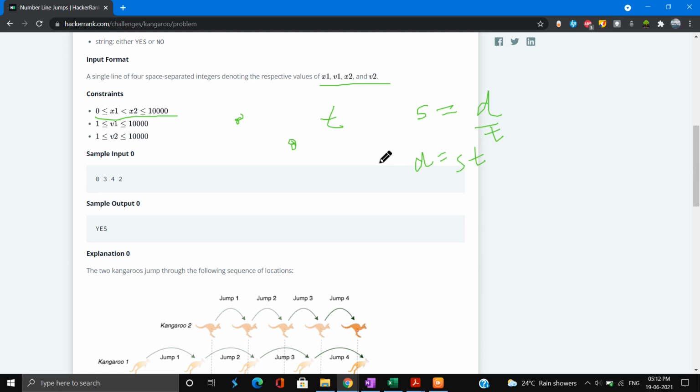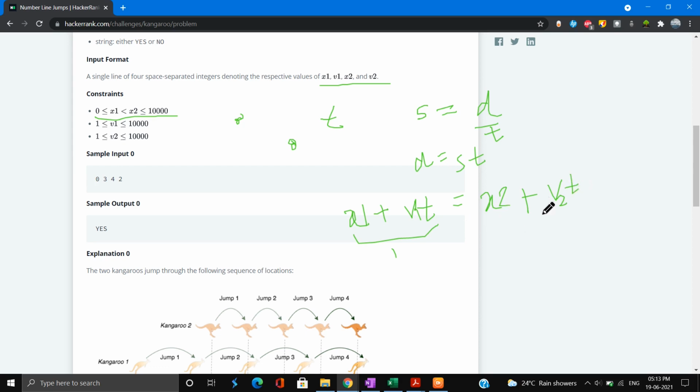I'll show you. For the first kangaroo, x1 was the initial distance and its speed was v1. Let's say after a time t, this was the distance covered by kangaroo 1: x1 plus v1t. We have to equate it to x2 plus v2t, which is similarly for kangaroo 2.